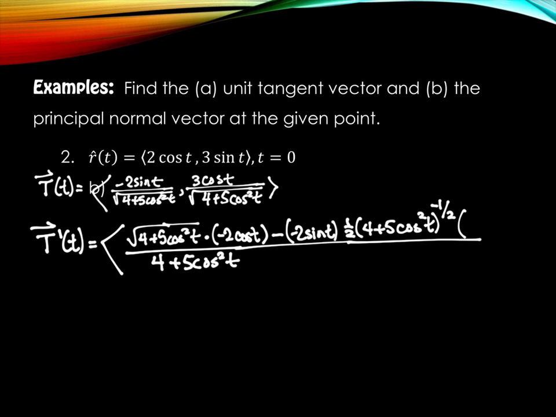What's the derivative of the 5 cosine squared of t? The 2 is going to come down with the 5 to make it a 10. And then it's going to say cosine of t to the power of 1, but then I need the derivative of cosine, which is negative sine. I'm going to put the negative in front of the 10 so that I'm not embedding too many parentheses here.